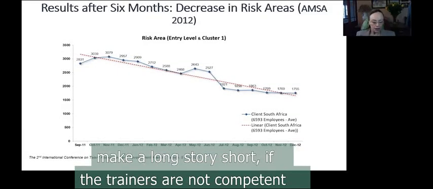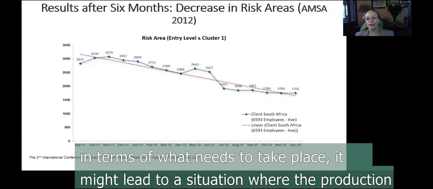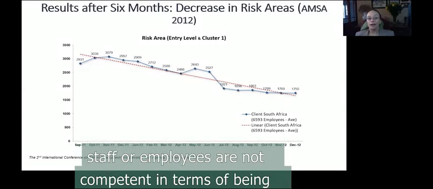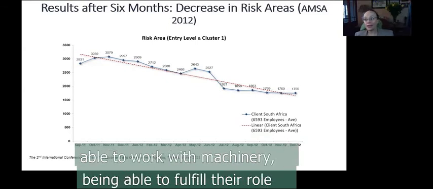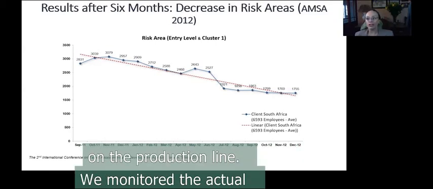So to make a long story short, if the trainers are not competent in terms of what they're doing, it might lead to a situation where the production employees are not competent in terms of being able to work with machinery and fulfill their role on the production line.